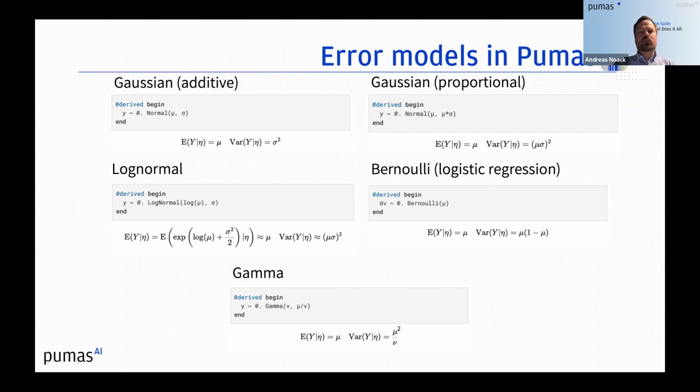So the classical reference is the Gaussian additive case, where you have a conditional mean of y, which is equal to some model value. Here we just call it mu, and then you have a variance which is independent of the mean.